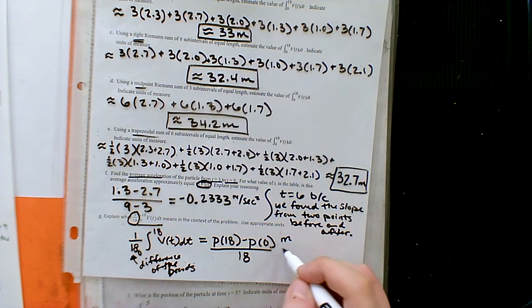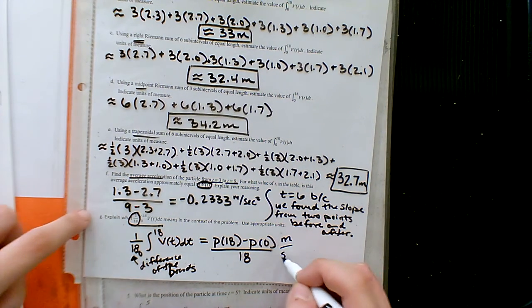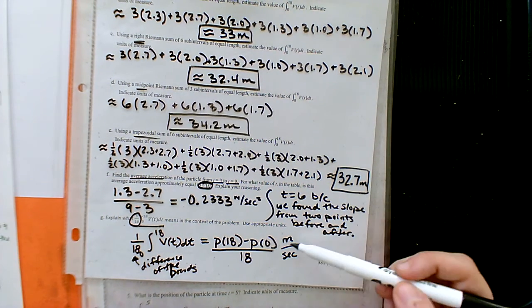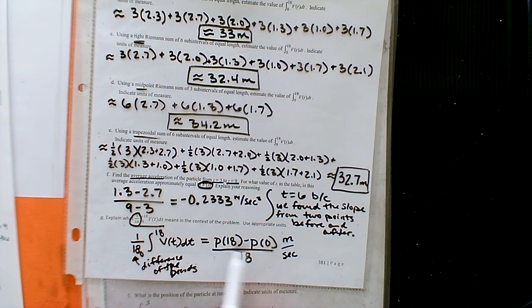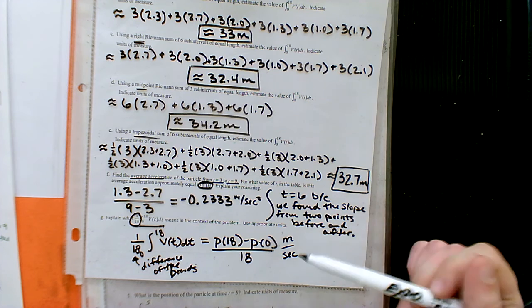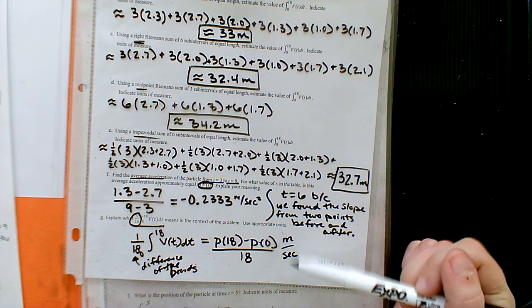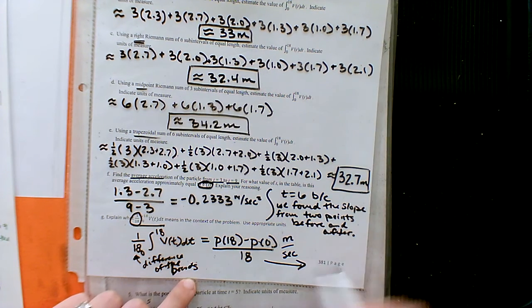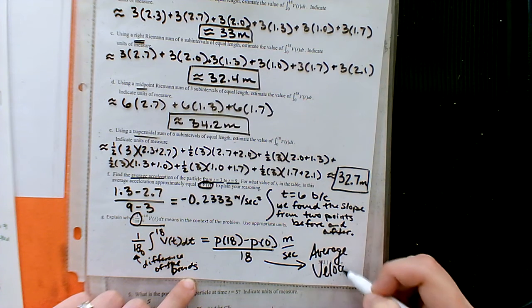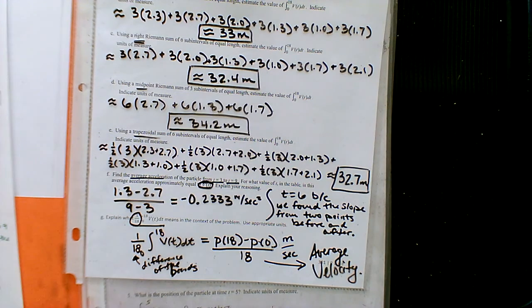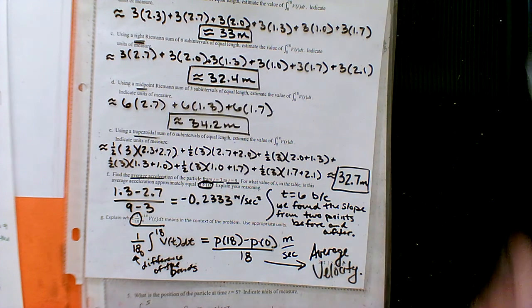From the table, the bounds come from the time, which would be seconds. Okay, you're getting a velocity value. So if this is the average change in position, okay, displacement, then you're going to have an average velocity in the end. So this is your average velocity.